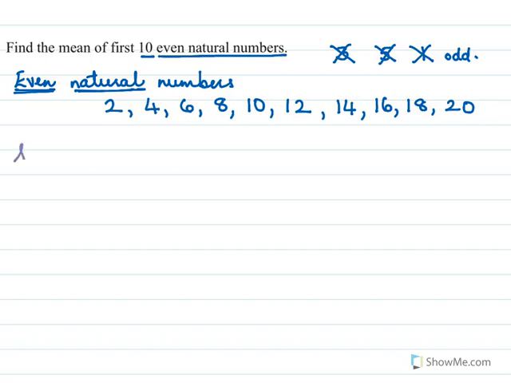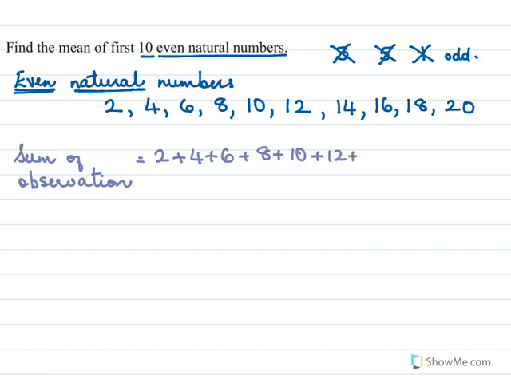So in the first step, we find the sum of observations. Sum of observations will be 2 plus 4 plus 6 plus 8 plus 10 plus 12 plus 14 plus 16 plus 18 plus 20. When you add up, you get 110. The next is the number of observations.